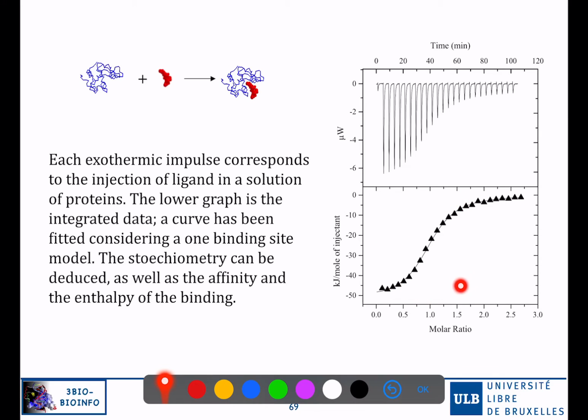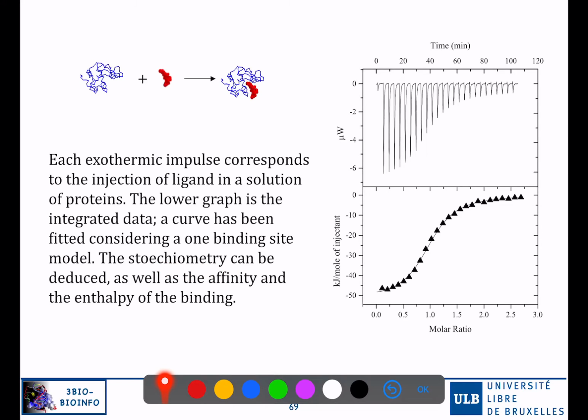And here you have this curve that has been integrated. So you can measure the strength of interaction, but you can also study the stoichiometry, and you can deduce the stoichiometry of the interaction.